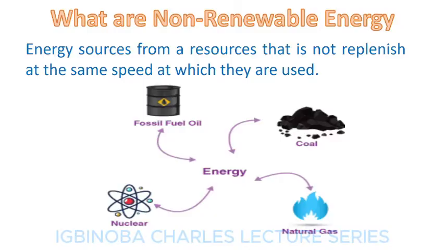Also, non-renewable energy sources can damage our habitats. They can also lead to air pollution, which is not only bad for our health but can cause global warming. Those are some of the disadvantages of non-renewable energy.